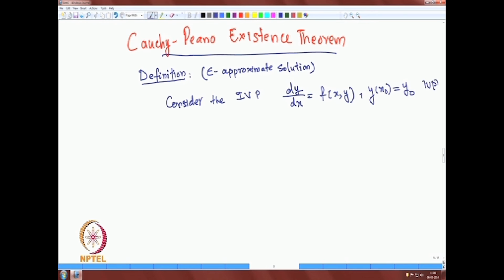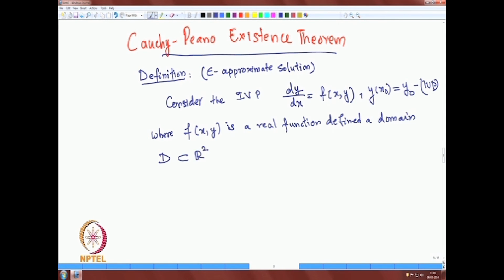This is the initial value problem, where the function f(x, y) is a real valued function defined on a domain, call it D, in R2.